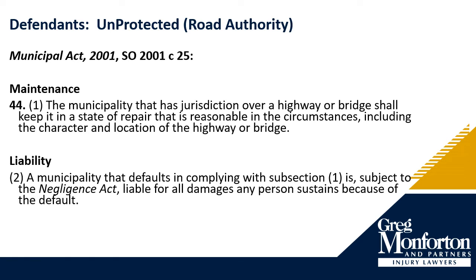So certainly if it is a busy highway, there is a higher onus on the municipality to do more than if it is, for example, a rural road that is not often traveled. In terms of liability, a municipality that defaults in complying with its obligations to keep the roadway in a state of repair that is reasonable is liable for all damages any person sustains because of the default.